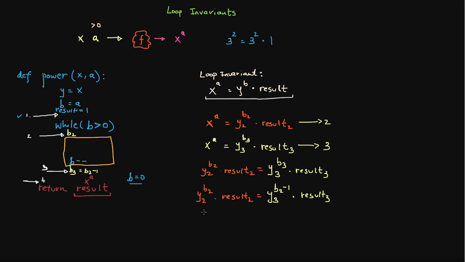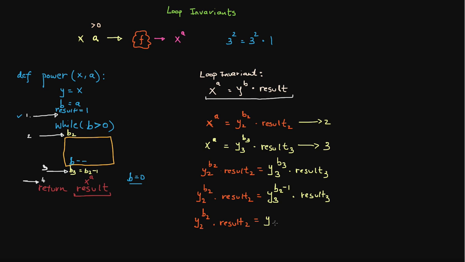So I can rewrite this, using orange as I was earlier. What I have now is y2 b2 times result 2 equals, and y3 and y2 are going to be exactly the same, since those are variables that aren't going to change in my code.